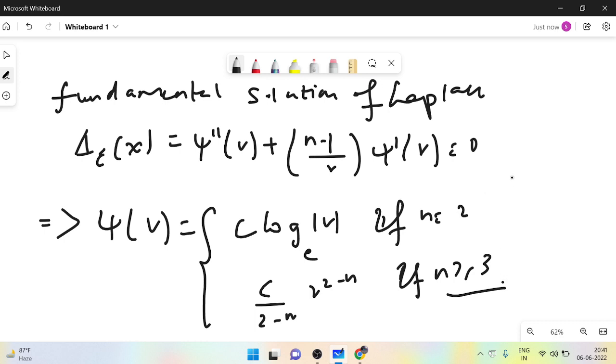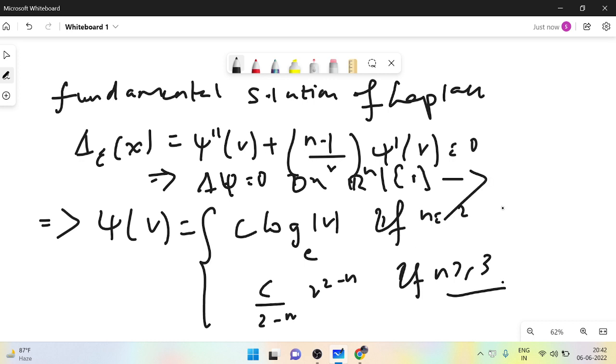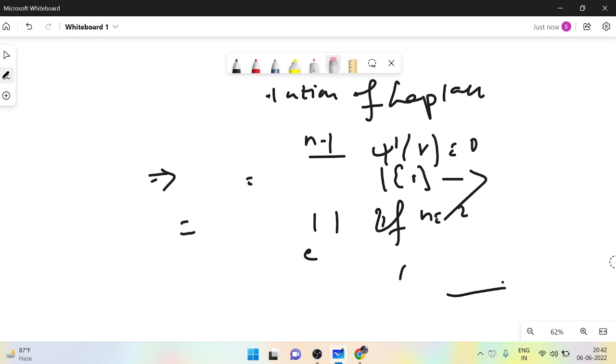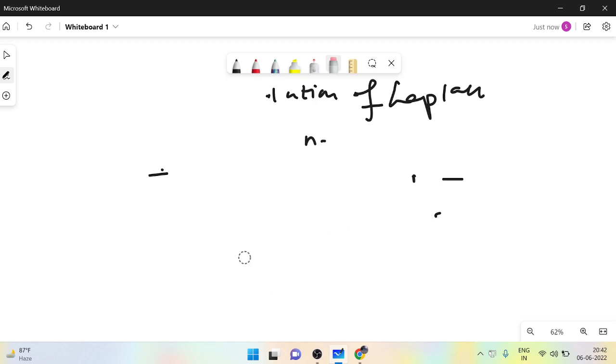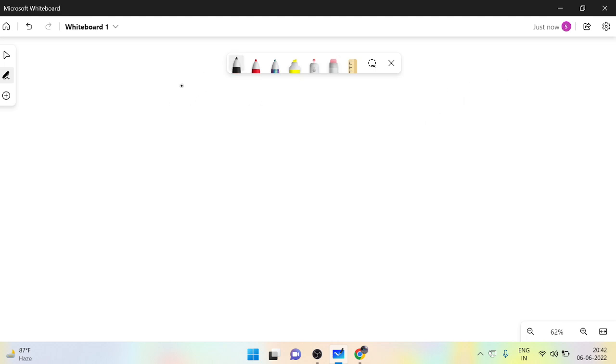So basically, it's not defined at r equals 0. This equation is valid only for del psi equals 0 on Rn minus 0. This is called the fundamental solution, and note that the fundamental solution does not satisfy the Laplace equation at the origin. We'll ponder upon this idea for a while. This and the next lecture will be on the fundamental solution of Laplacians.